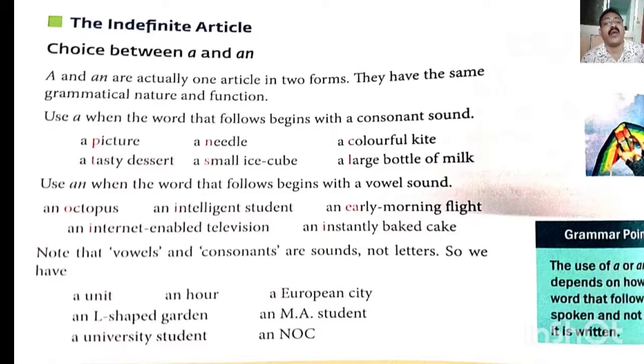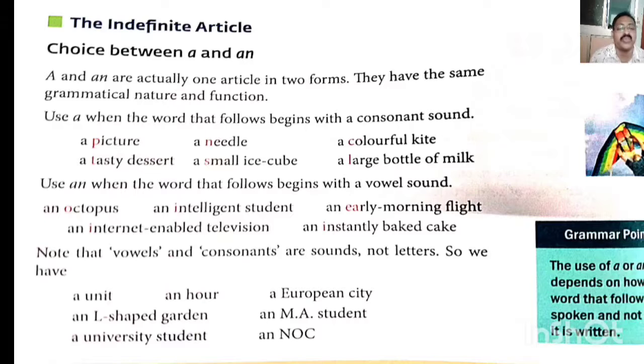And hour: H is not a vowel, but we have used "an" before it because the word hour is pronounced with O. O is a vowel. O-pronounced words generally have "an" before them. H is silent here; you are pronouncing "our". So in that case we have to use "an".